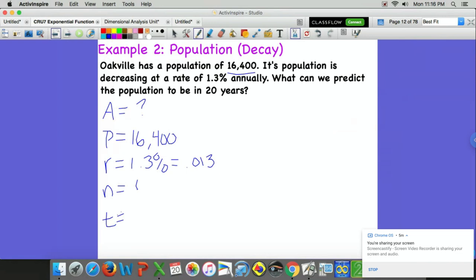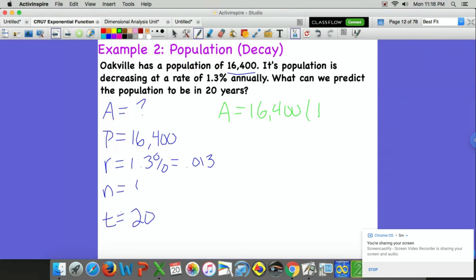So it's going to be 1, and T is 20. So now we are just going to plug it into our formula. So we do not know what A is. P is 16,400. And it's going to be 1.